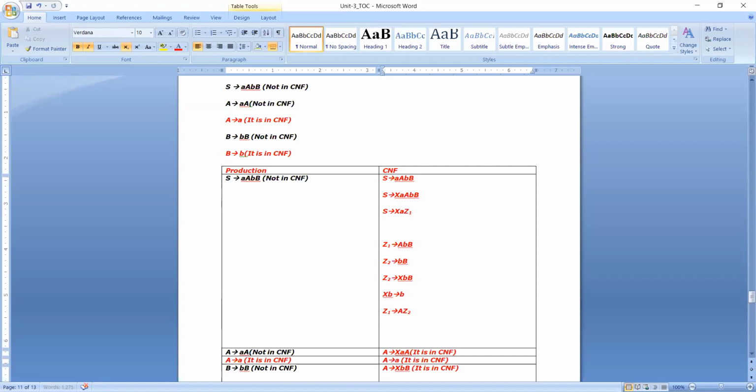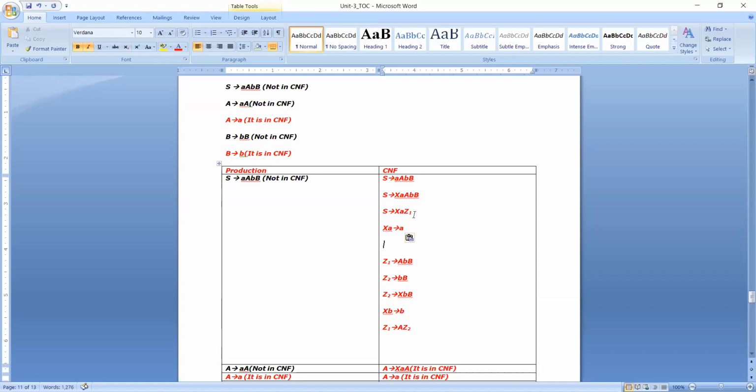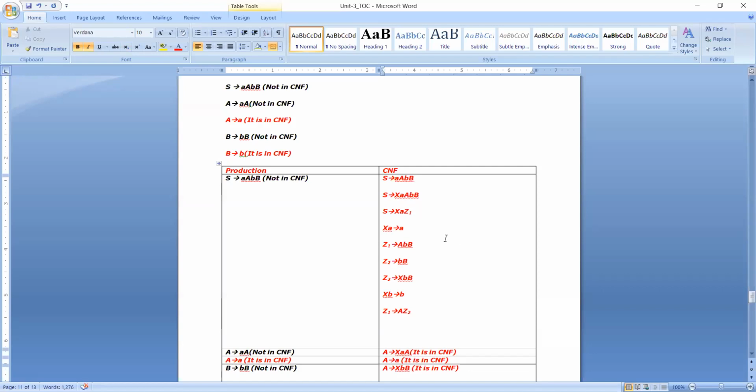So first and foremost, we have replaced small a with xa. Then we have rewritten capital A, small b, capital B with Z1. See here, and again we have written capital A, small b and capital B with this one.